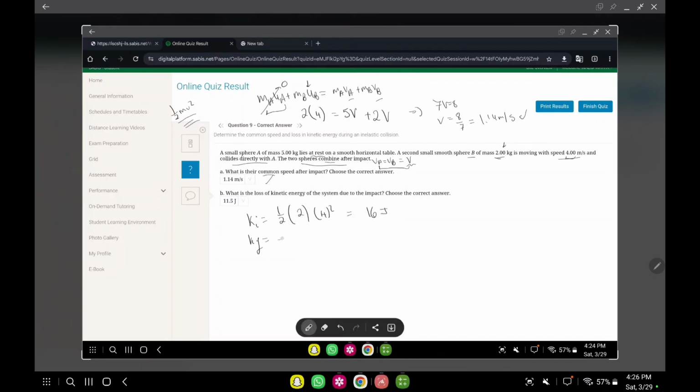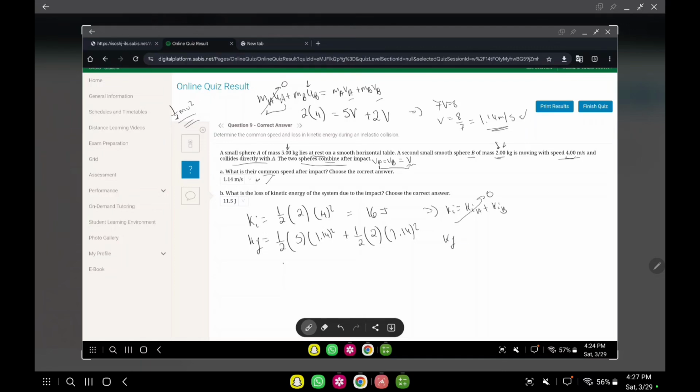On final, they're both moving now, right? So half times the mass of A, which is 5, times its velocity, which we found to be 1.14, squared, plus for sphere B, its mass is 2, times its velocity squared, 1.14 squared. In case someone's a bit confused, let me write on the side: K initial is equal to K initial of A plus K initial of B, but this is 0.